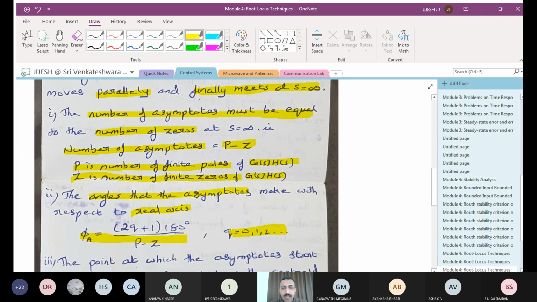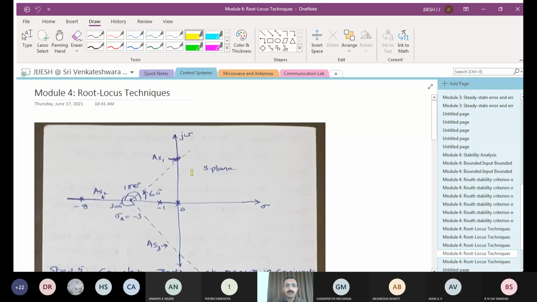So we are going to find out the angle at which the asymptotes make with respect to the real axis. I will just show you that for your better understanding. You can see that this is the angle, like 60 degrees, 180 degrees, or 300 degrees.